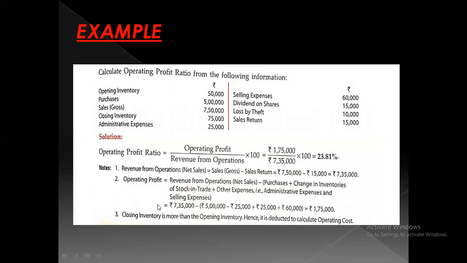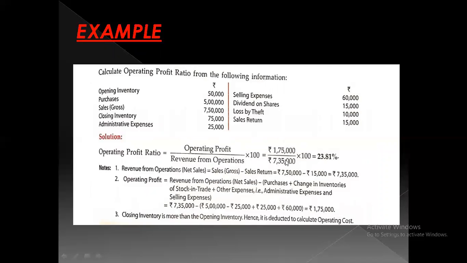Now, to obtain the operating profit, we'll deduct cost of goods sold from revenue from operation. Revenue from operation is 7,35,000 and cost of goods sold is 5 lakh minus 25,000 plus 25,000 plus 60,000, it is 1,75,000.